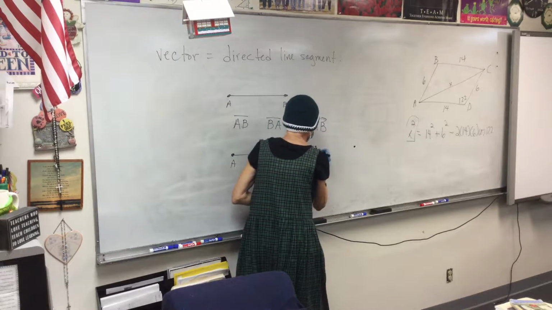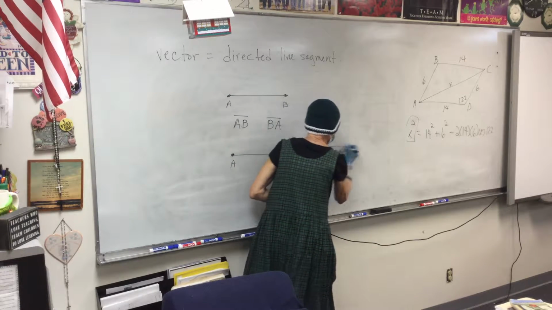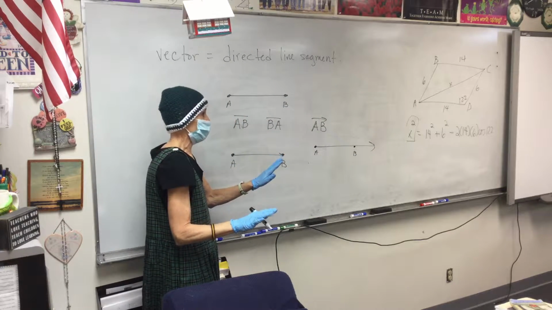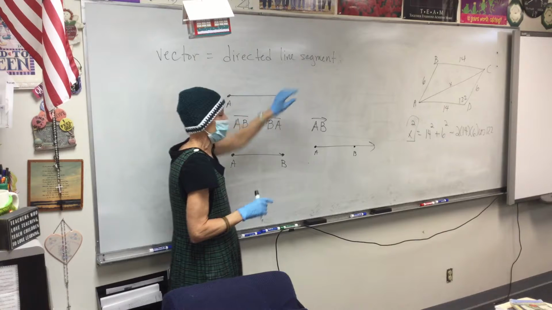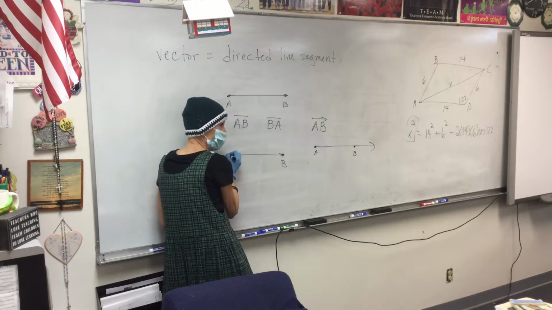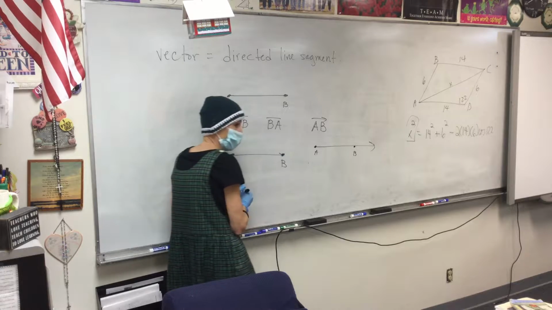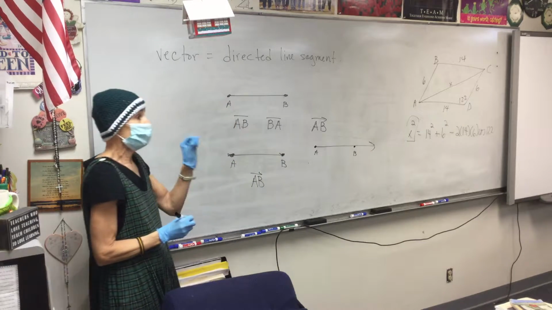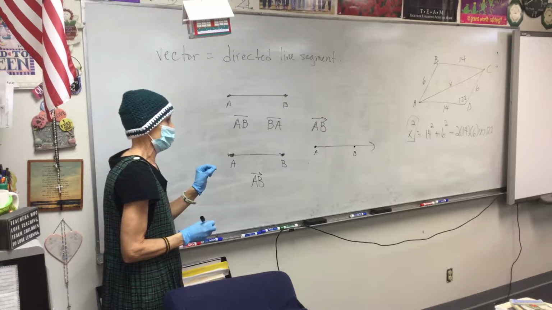The line continues. Ray AB means this, right? That's not a vector. A vector is a segment. It has length. It has a definite start and a definite stop. This is vector AB. And the order matters.